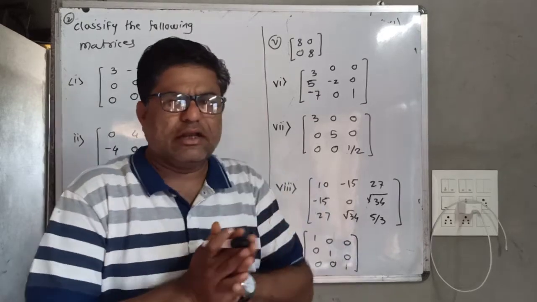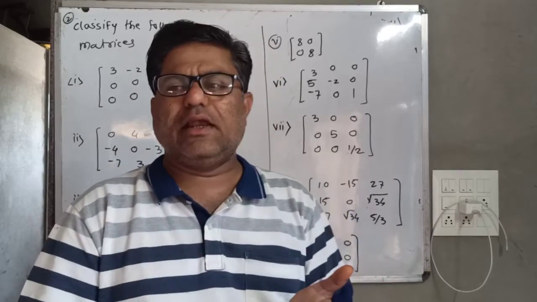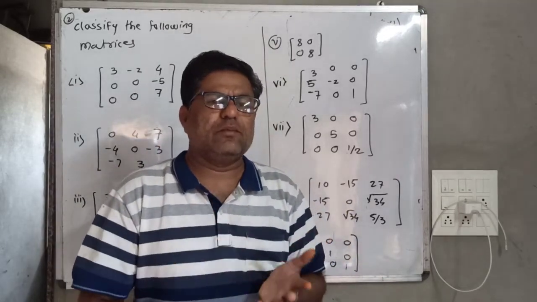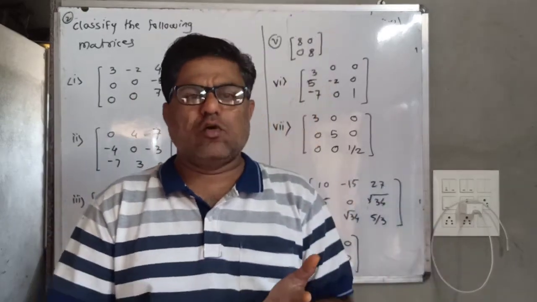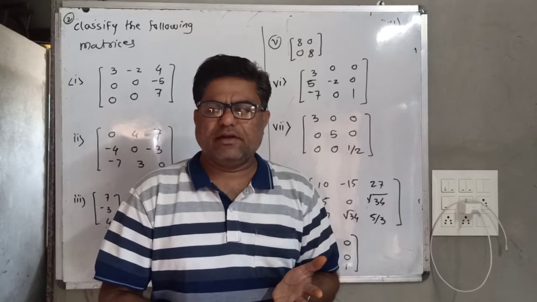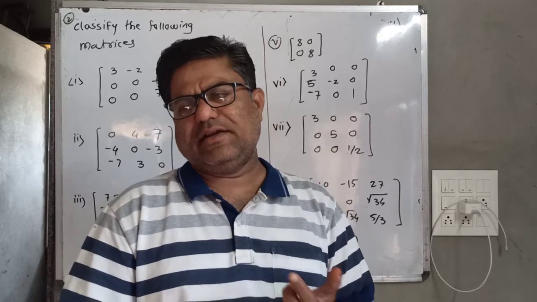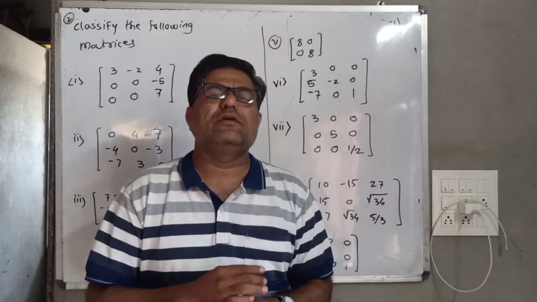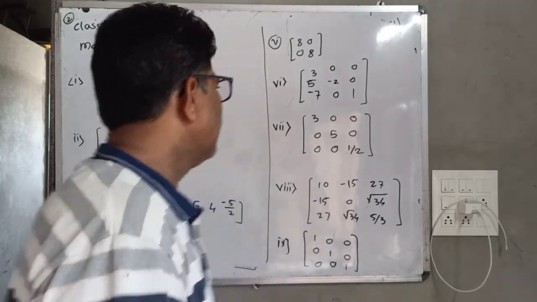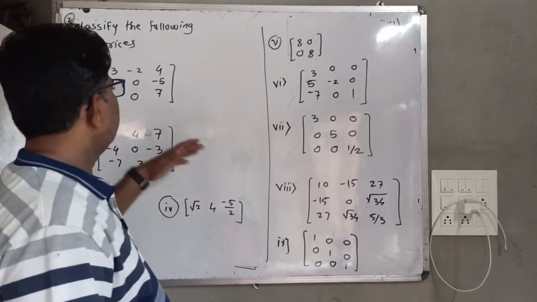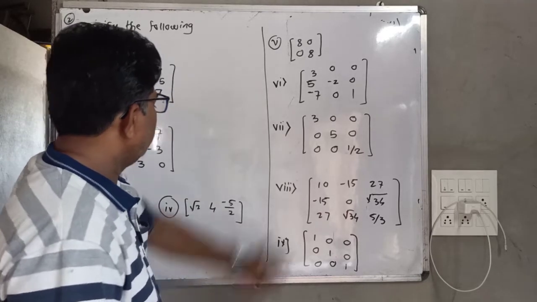I already taught you the row matrix, where one row is present, column matrix, symmetric matrix, skew symmetric matrix, scalar matrix, square matrix, diagonal matrix, non-diagonal matrix, skew symmetric, transpose of matrix, identity matrix. I told you lots of types of matrices. Then we are going to use the definitions to solve these 9 examples.